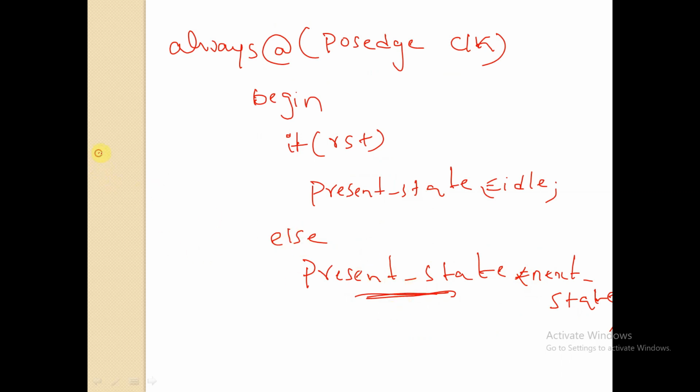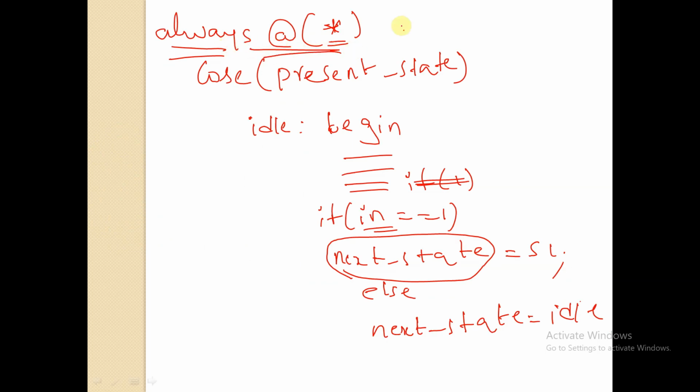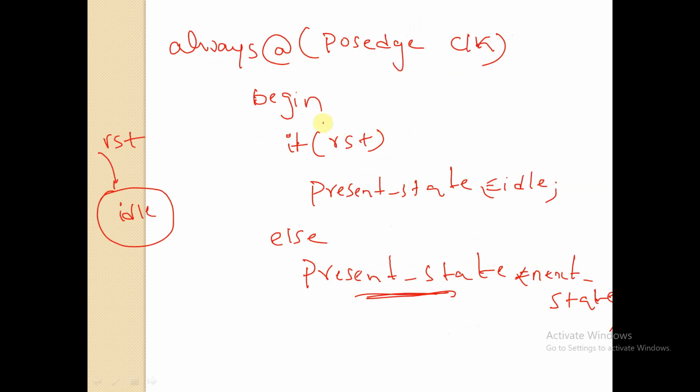So what happens here is, when reset, our present state will be idle like this. And here, parallelly with this always block, the next state logic block will also run. So this is the next state logic block. Parallelly with the present state logic block, our next state logic block will also start.